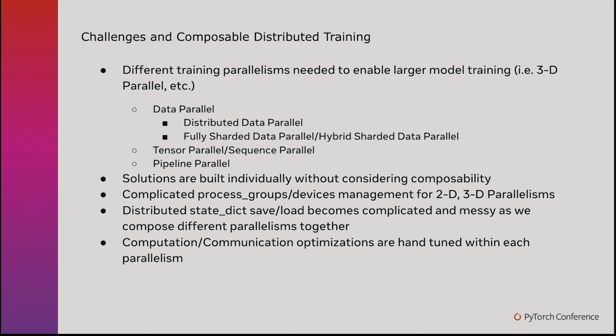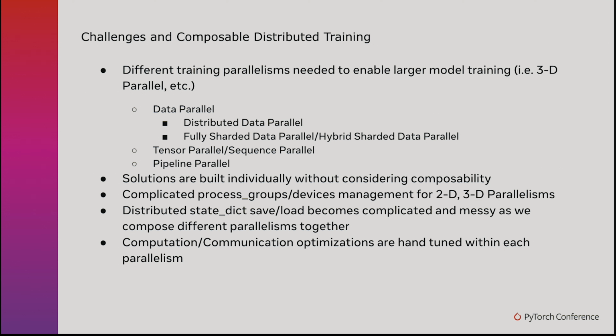But this comes with some challenges for us. All these solutions, like the PyTorch native solutions, were built individually, and when we first started to build them, we didn't think of composability. That's why we see some composability issues between each of these training paradigms.